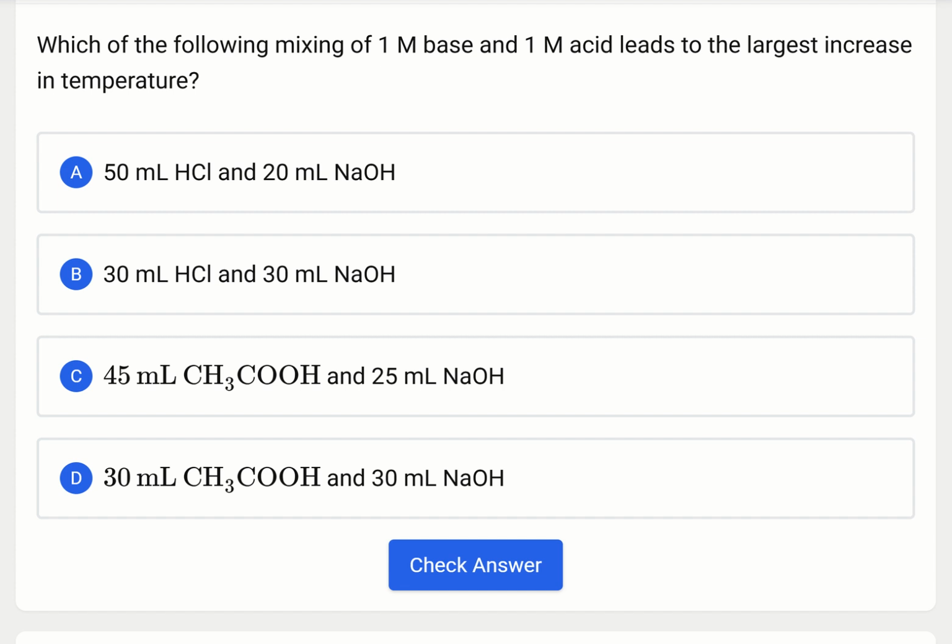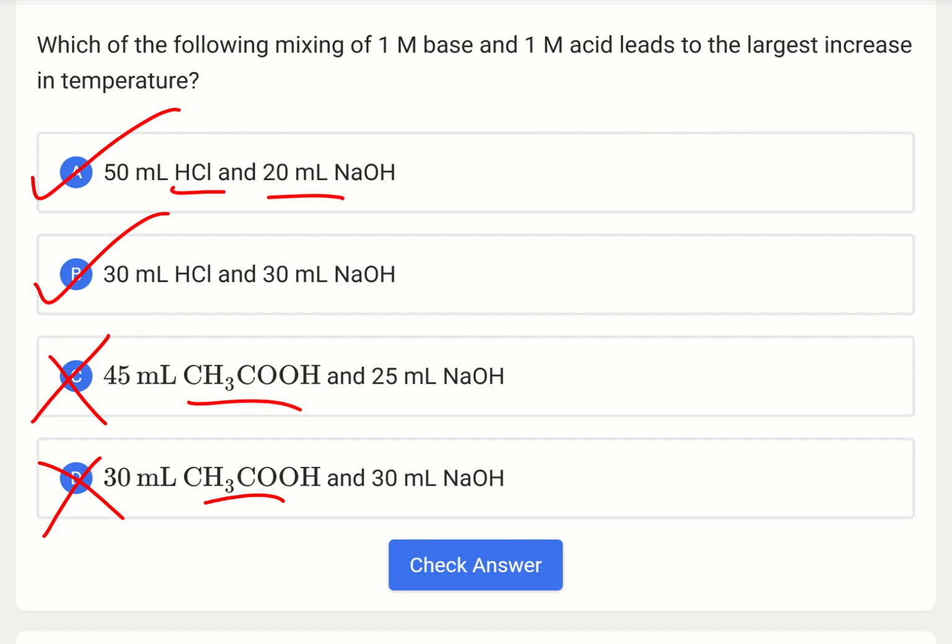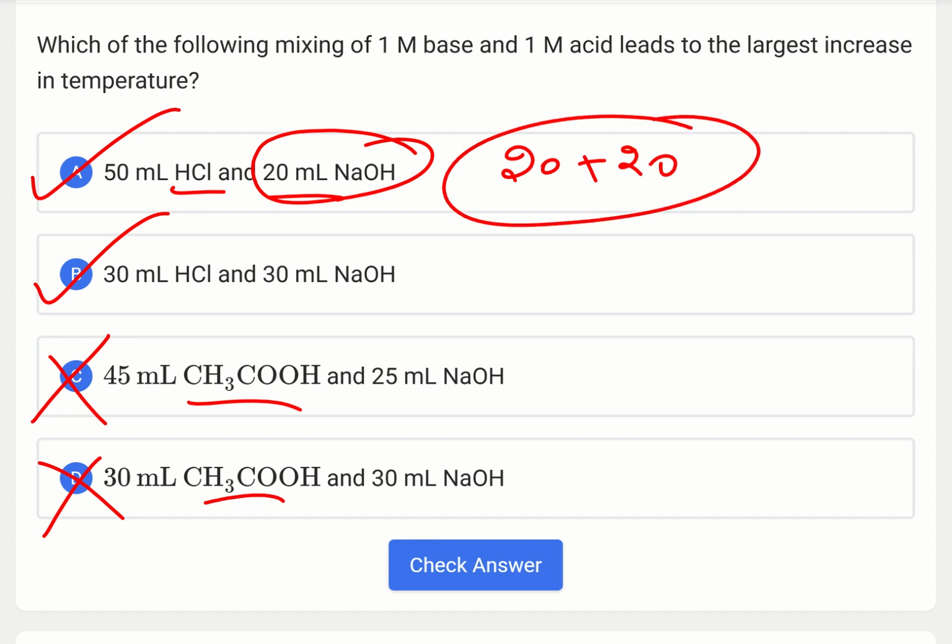Then moving to the next question, question number 11. Which of the following mixing of 1 molar base and 1 molar acid leads to the largest increase in temperature? Strong acid and strong base should be there. Weak acid means C and D are directly eliminated. Now in the strong acid, strong base options, sodium hydroxide is the limiting reagent, so 20 plus 20 millimoles react.